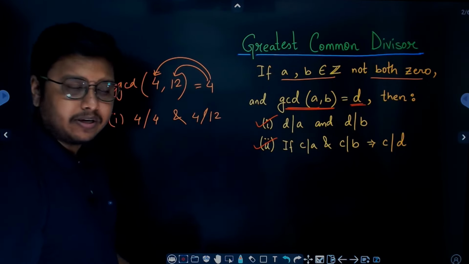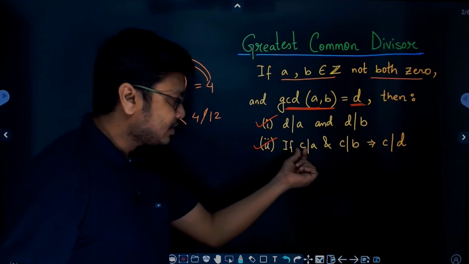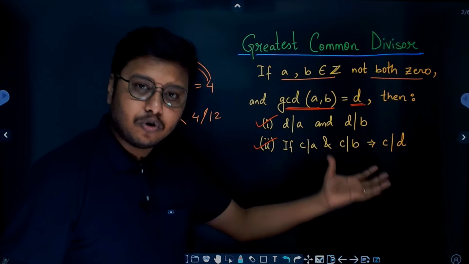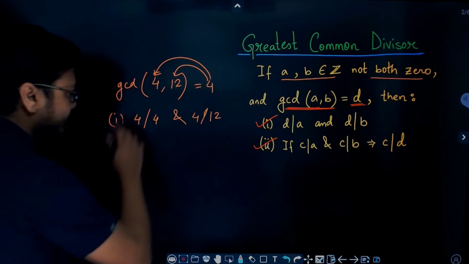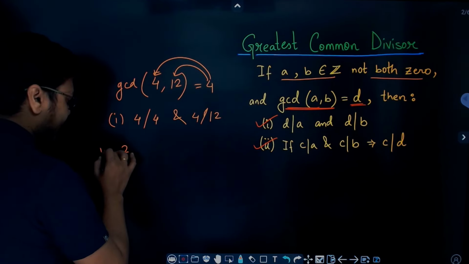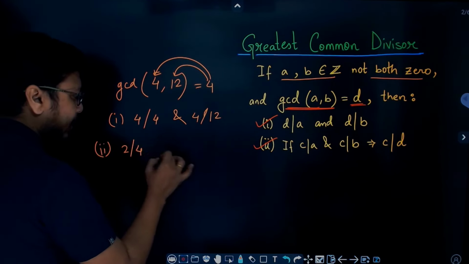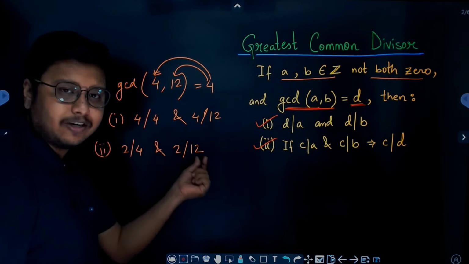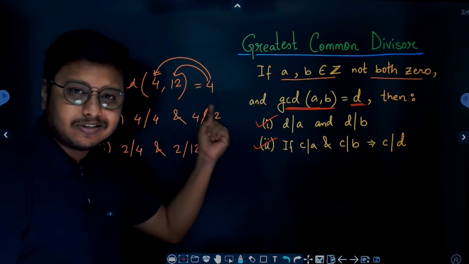Coming to the second property. Now if there exists some integer that divides a as well as b and it's not the GCD itself, for example in this case 2 divides 4 and 2 divides 12, right? But definitely 2 is not the GCD.